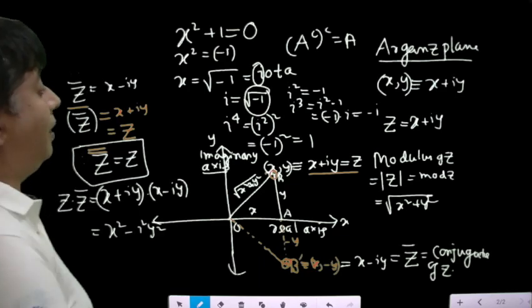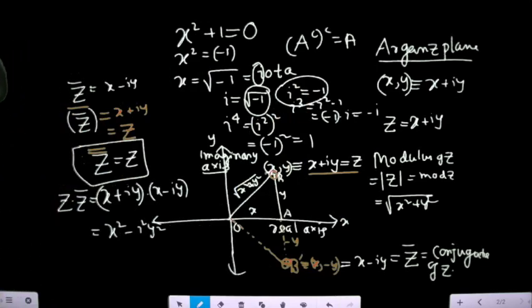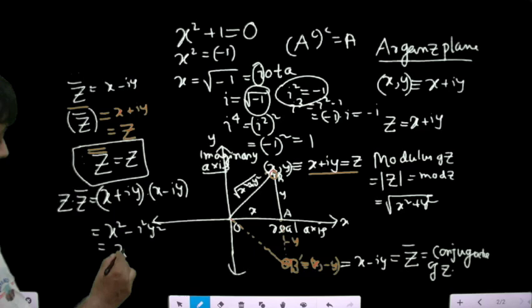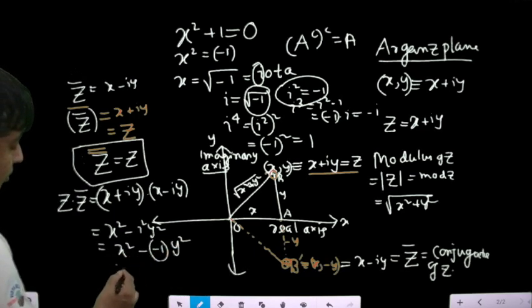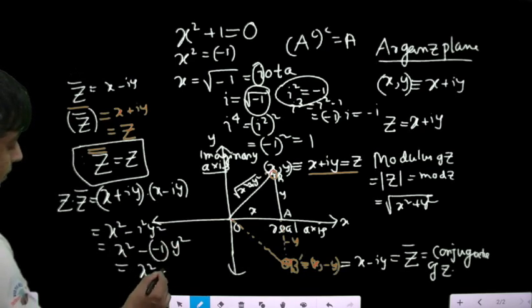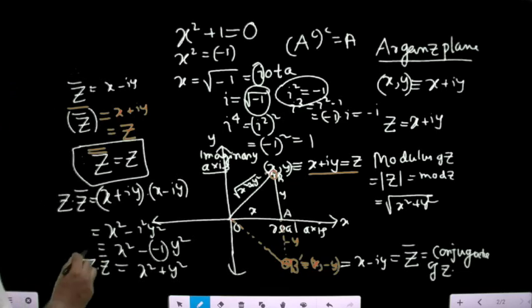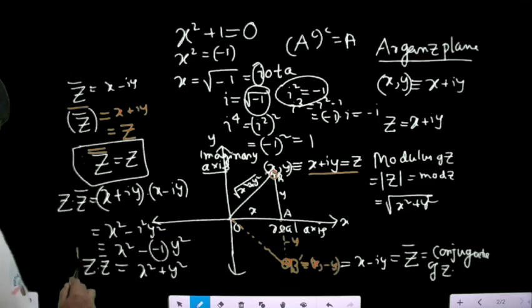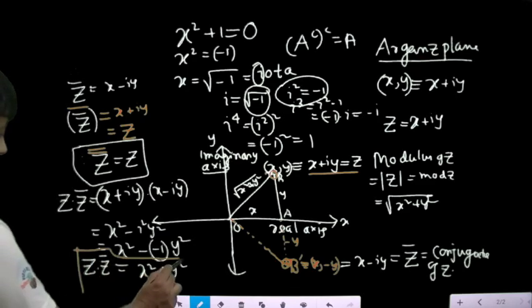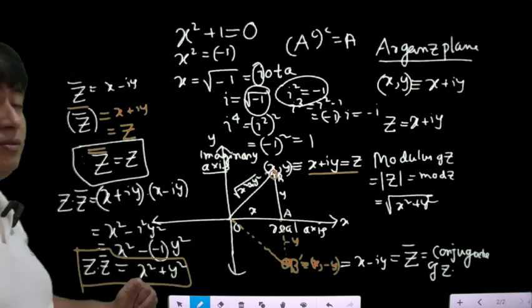What is i square? You got here, i square is minus 1, put here. So x square plus y square. z into z bar is x square plus y square.